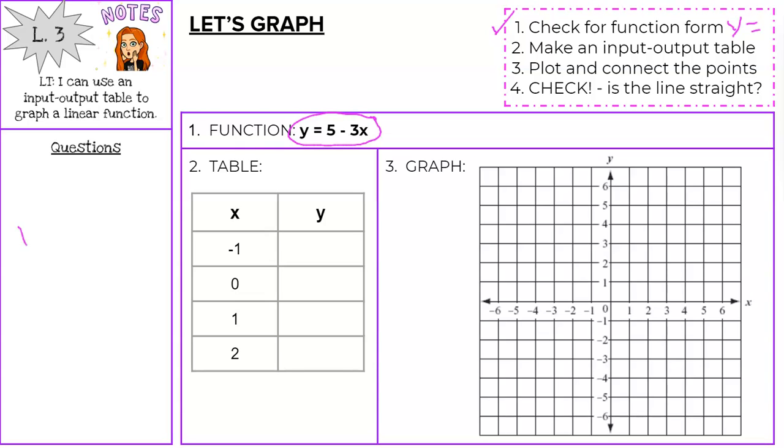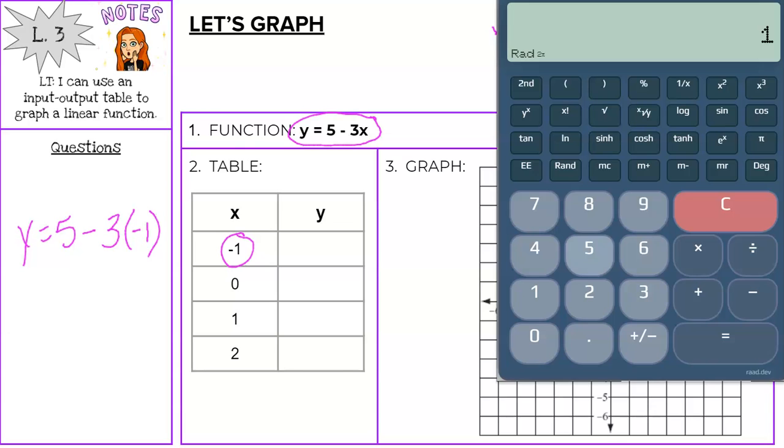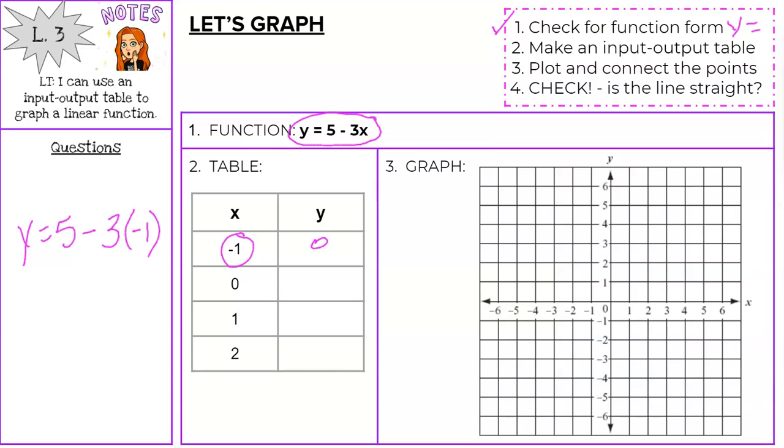So we have y equals 5 minus 3x. Instead of x, the first number I'm going to put is -1. So with this, we can do in our calculator 5 minus 3 times -1. And that gives us 8. So I can put 8 into my function. Next one, we're going to put 0 into our function.